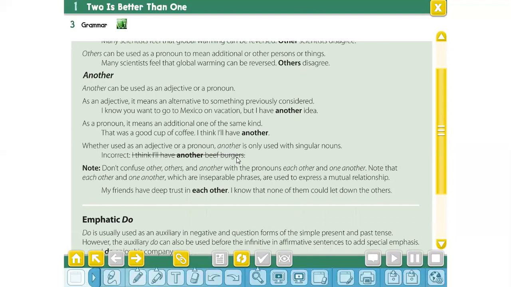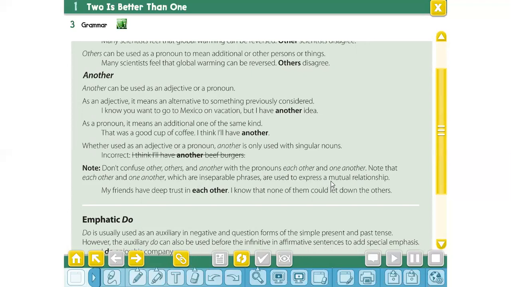Very good. Note, don't confuse others and another with the pronouns each other and one another. Know that each other and one another are inseparable. Inseparable means we can't separate them. So they are inseparable phrases, and they are used to express a mutual relationship.